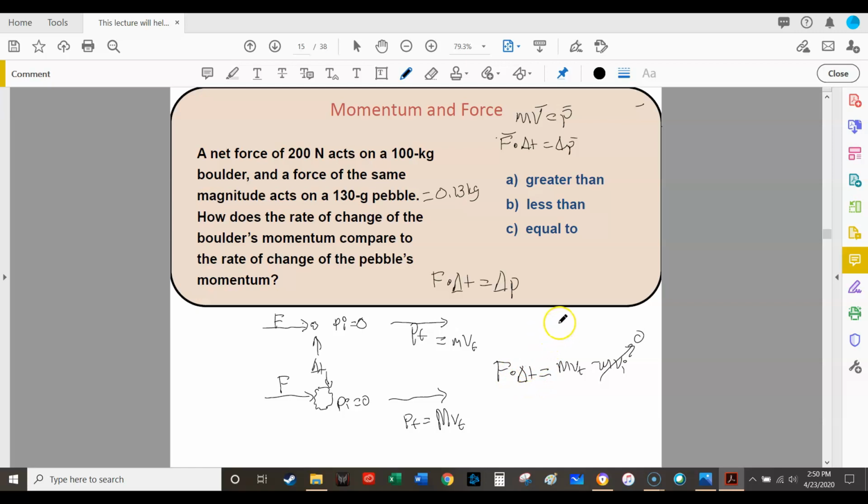So the final momentum here is going to be equal to the final momentum here, since they have the same force in the same period of time, and both of them have the same initial momentum of zero.